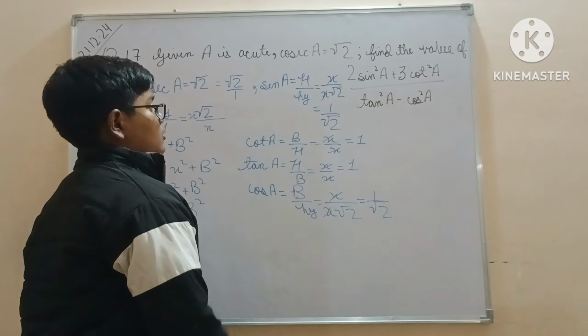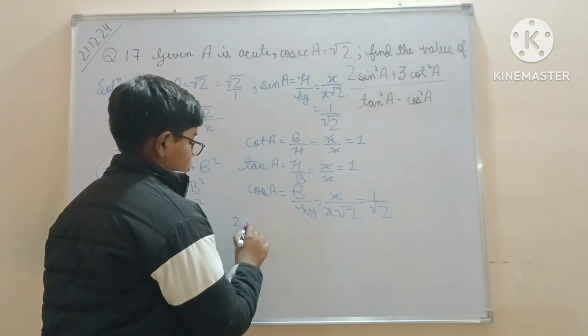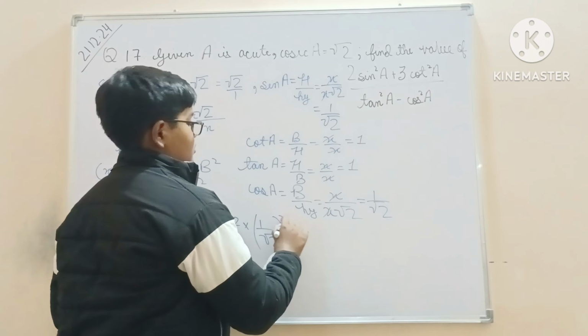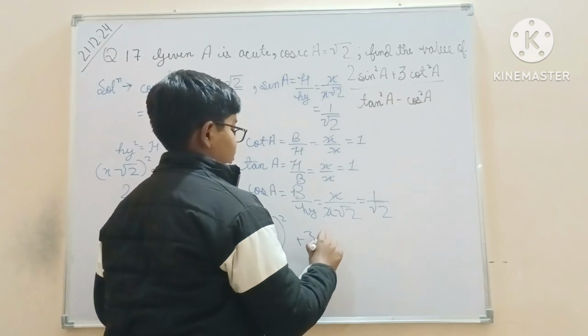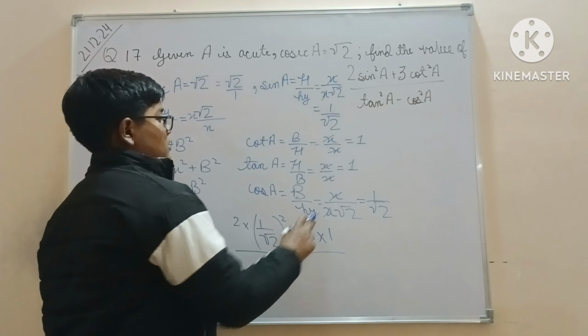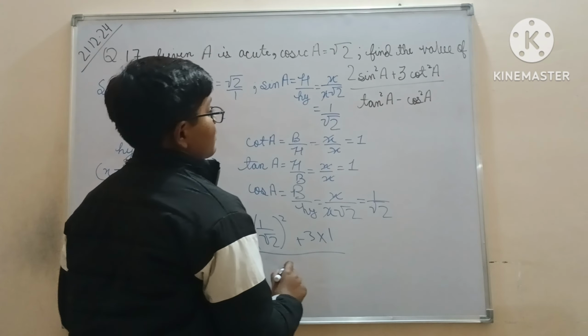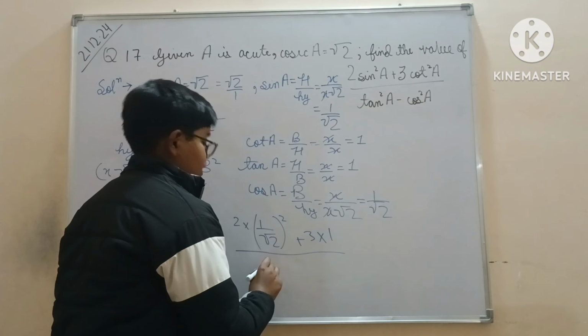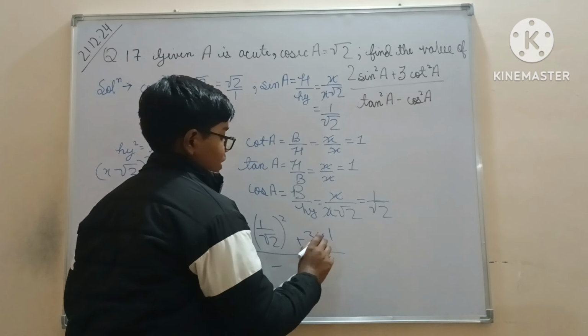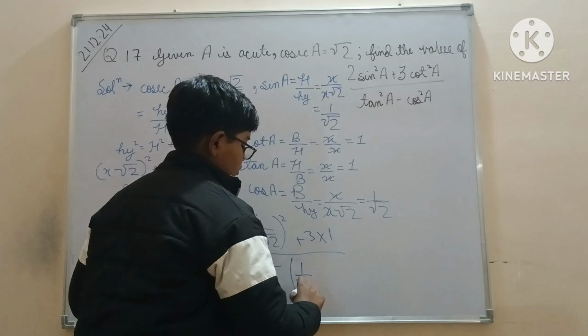Now we will substitute our values: 2 multiplied by sine squared A, which is 1 divided by root 2 whole squared, plus 3 multiplied by cot squared A, whose value is 1, and 1 squared is 1, and tan squared A is 1 and 1 squared is 1, divided by 1 minus cos squared A, which is 1 divided by root 2 squared.